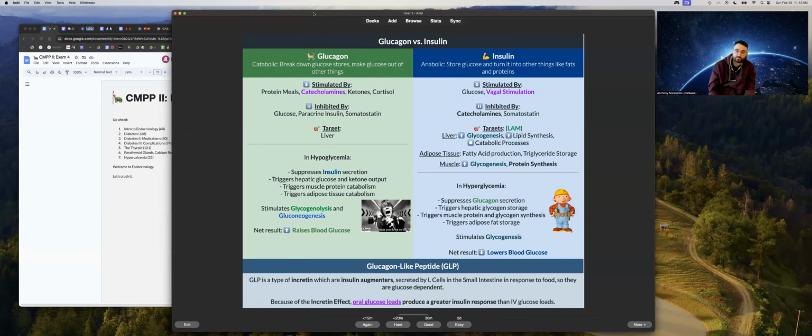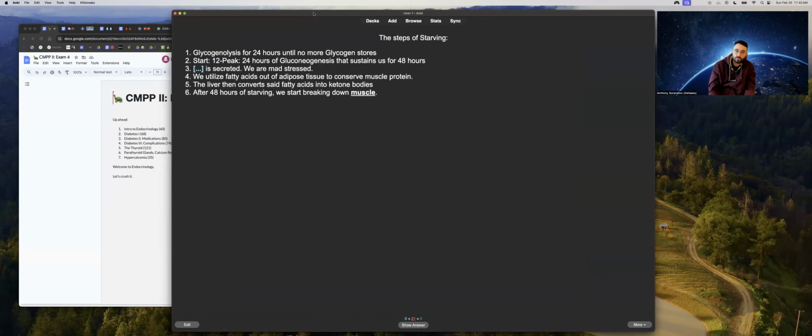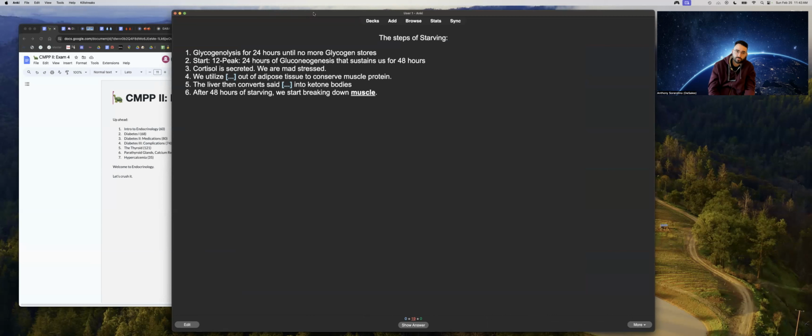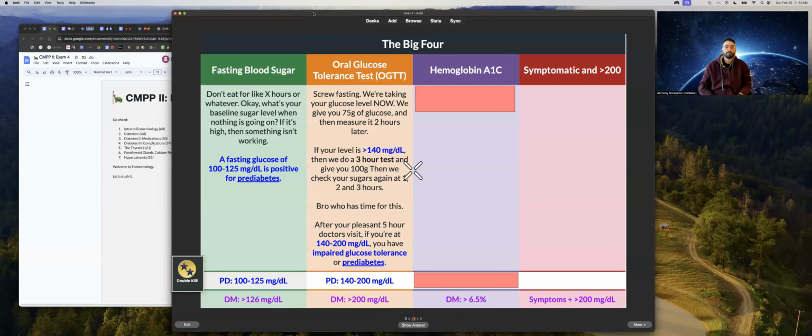Catecholamines. Cortisol is in starving. What inhibits glucagon? Paracrine insulin, glucose, somatostatin. Fatty acids, which are turning into ketone bodies.